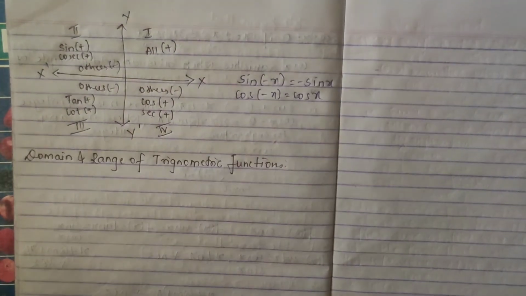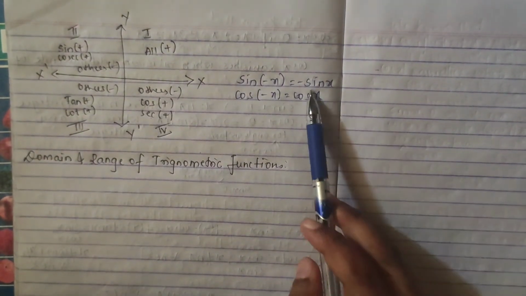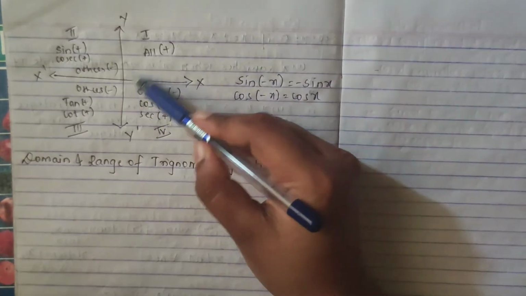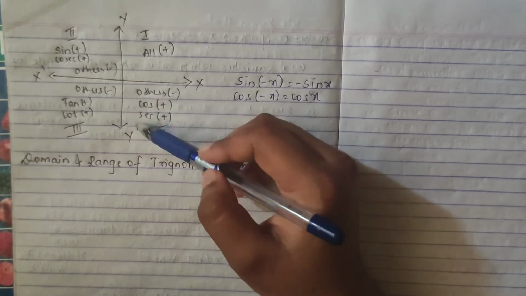now we can see the domain and range of these functions. This also you just note it down. Sine of minus x will be minus sin x, because when you make an angle in your first quadrant, along with that you can make one here also, right? So if this is the positive axis, this will be your negative, right? This will be minus x.